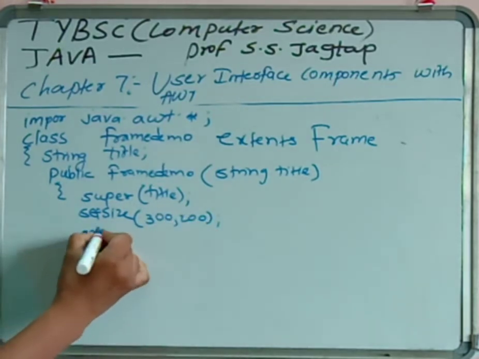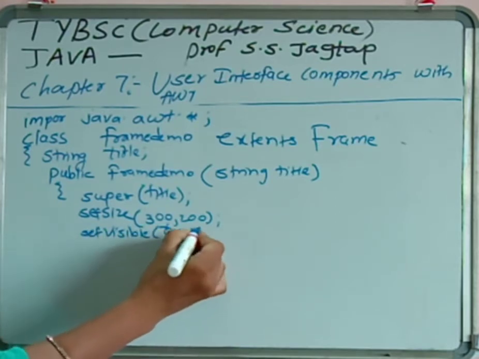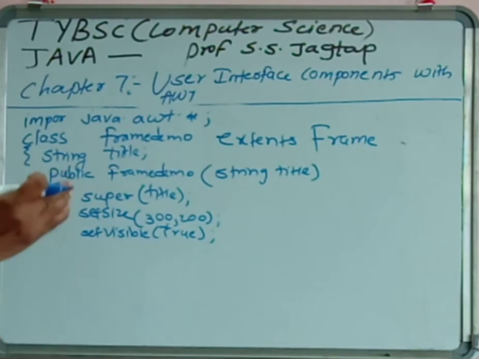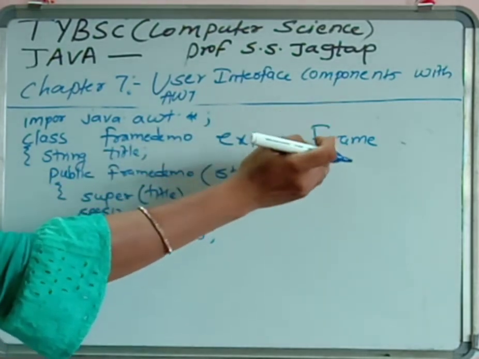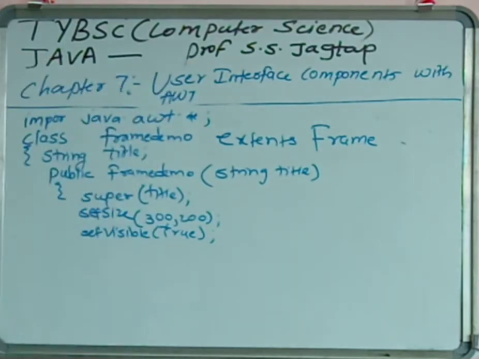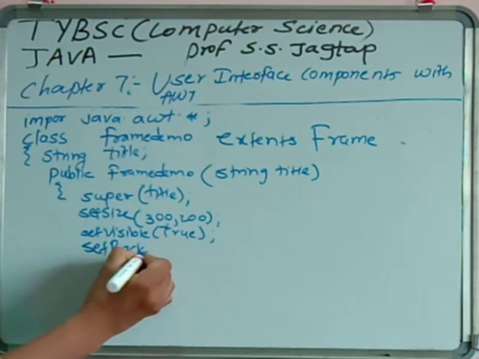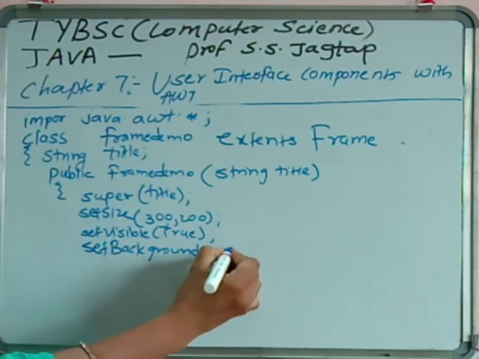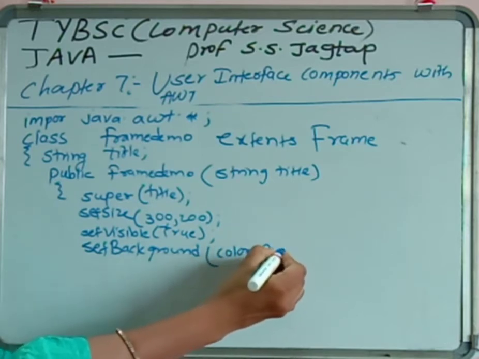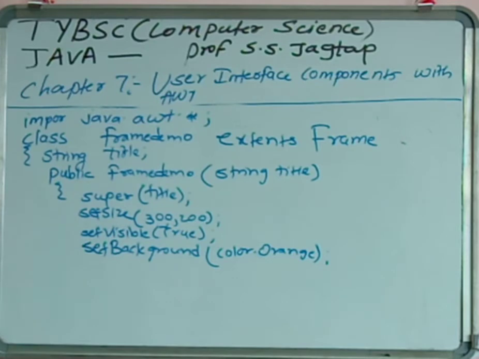Whether that window is visible or not, I will set it true. These are all built-in functions included in the Frame class, which is in the AWT package. I will set the background by using setBackground with parameter Color.orange. By using this code, the background is set to orange. This is where the constructor is over.